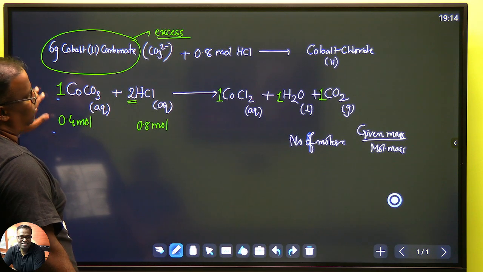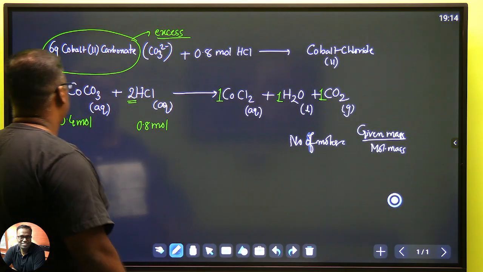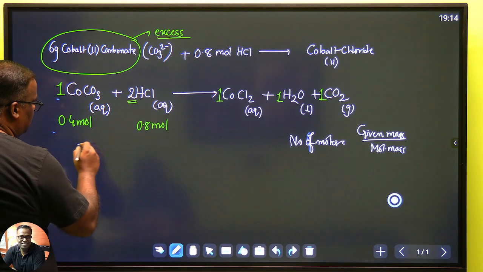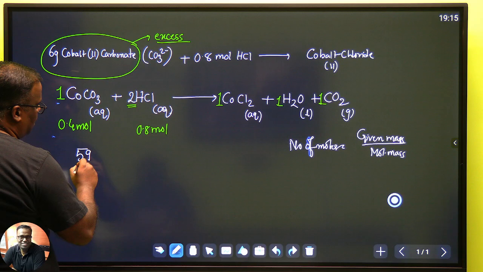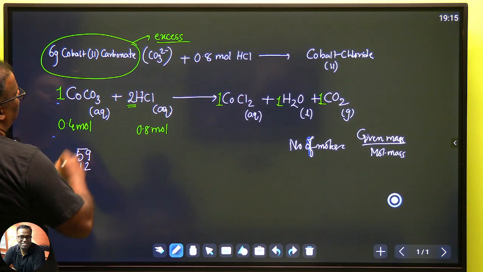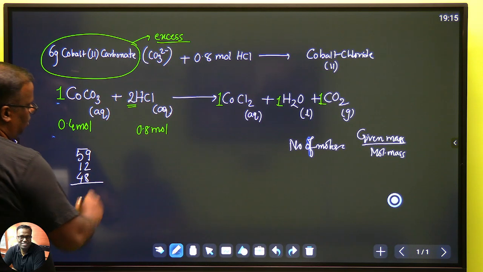Check your book and tell me the data for cobalt. Cobalt is 59. Carbon is 12. And oxygen, 16 threes are 48. Come on, how much does it come to?